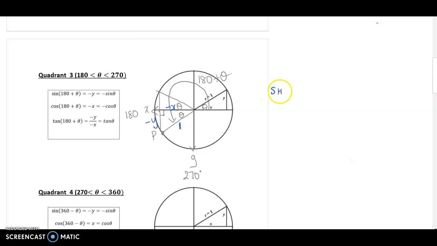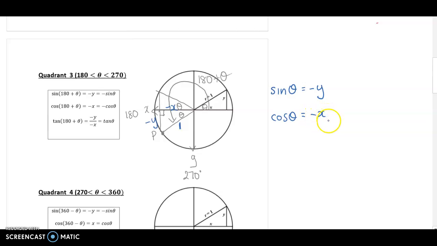Okay, so sine of our theta in the third quadrant is going to be equal to opposite on adjacent, so minus y on 1, which is minus y. So sine is going to be negative in this quadrant. Our cos of our theta is going to be minus x over 1, which is minus x.